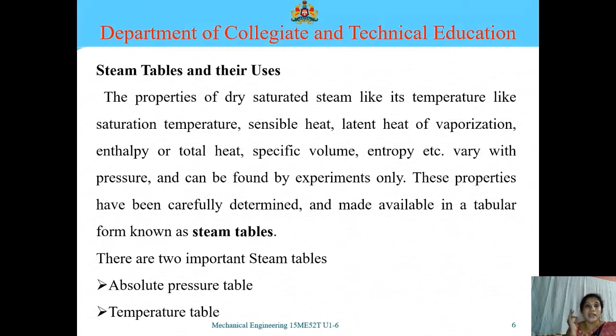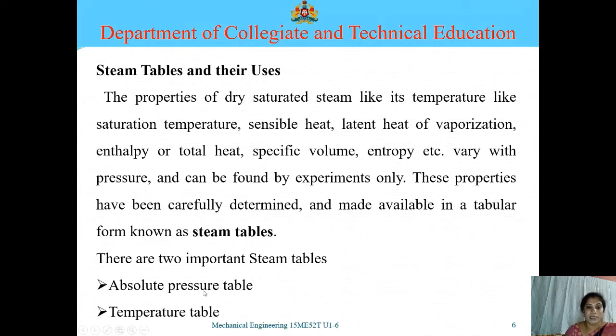It's a table where all the properties of steam like pressure, temperature, various specific enthalpies, various specific entropies and specific volume are available in tabular form, and it can be defined as a steam table.